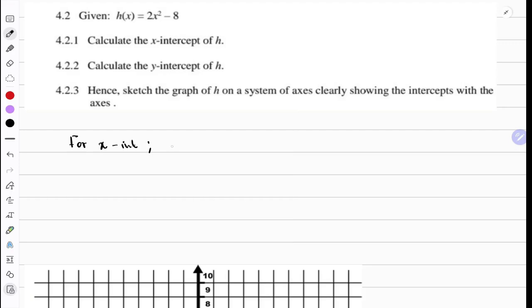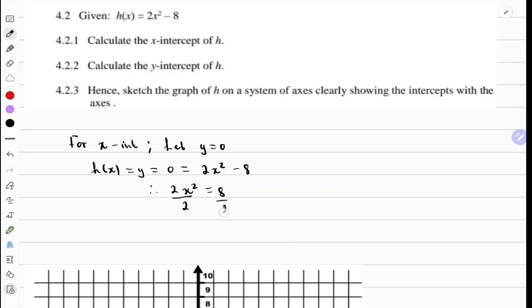So for x-intercepts, we let y equal to 0. So h of x, which is equal to y, we substitute it with 0, is equal to 2x squared minus 8. Therefore 2x squared should be equal to 8.